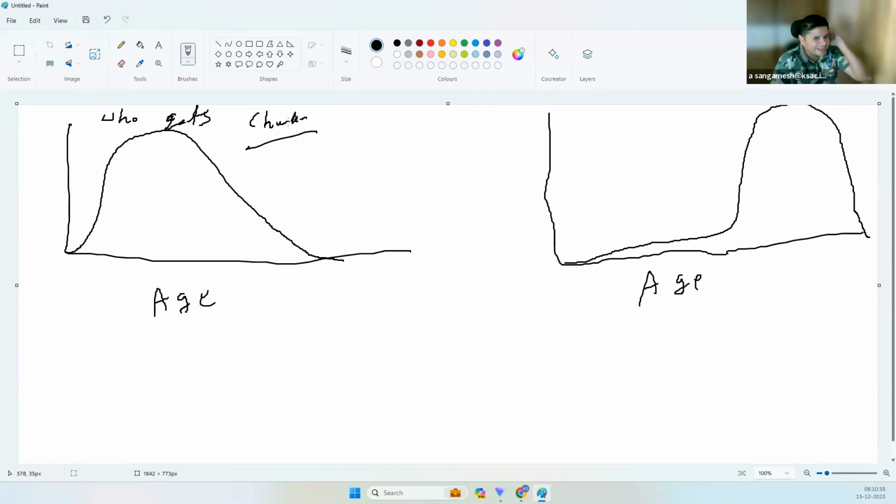But let's assume in our area, in our domain, way back in the 1980s, 1990s, 2000, most of the kids used to love chocolates when they were young.